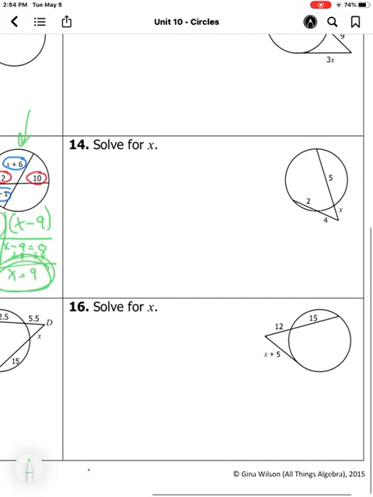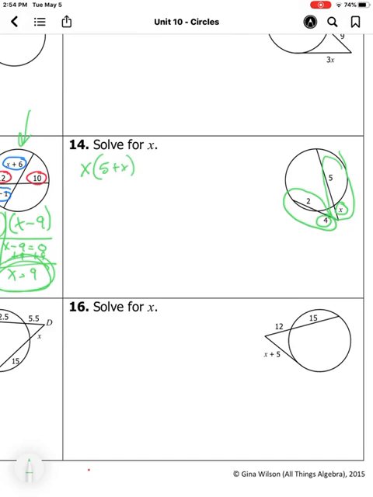Now we have two secants that intersect outside the circle. When this happens, we take the outside length and multiply it by the whole length, right? So we're going to have the outside, which is x, times 5 plus x, equals the outside length 4 times the whole length, which is 4 plus 2.